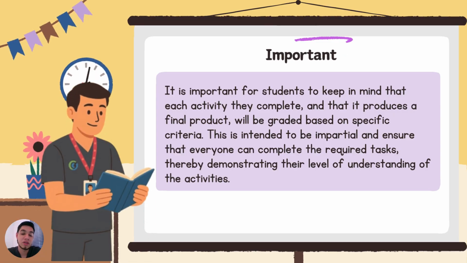What is important in this activity for the students is to keep in mind that each activity they complete produces a final product, so it will be graded based on specific criteria. This is intended to be impartial and ensure that everyone can complete the required tasks, demonstrating their level of understanding of the activities through this showcase and reflection.